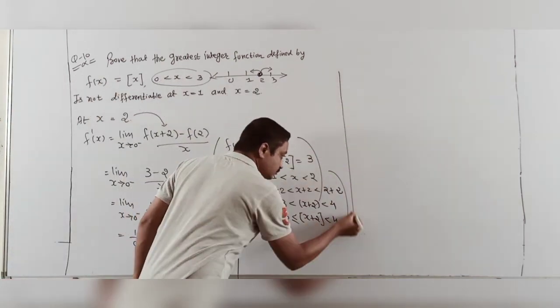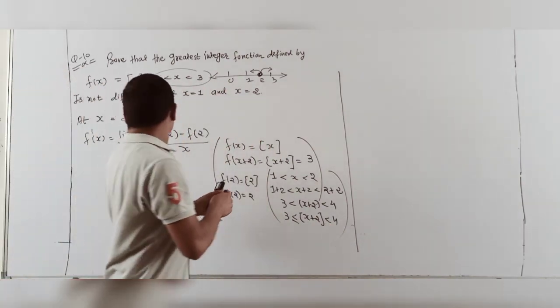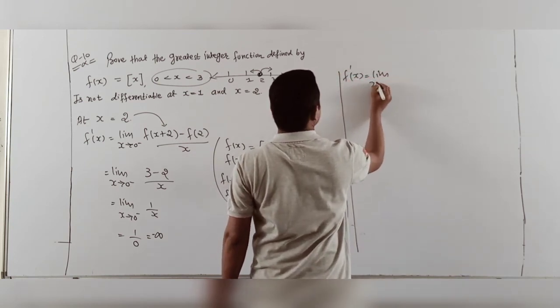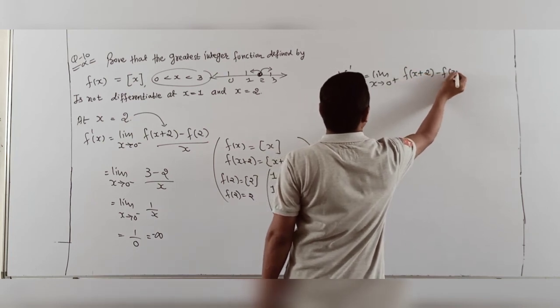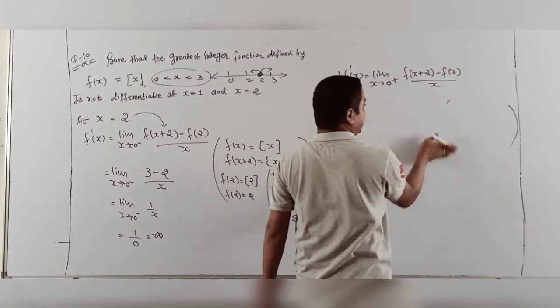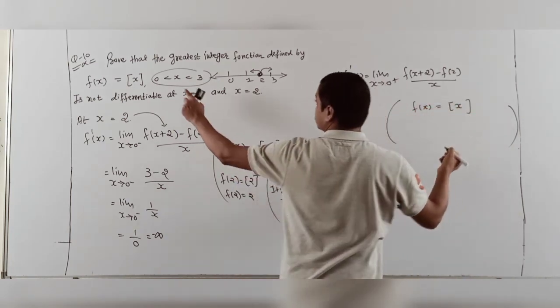Now next, the same case applies in the positive side. So f dash x, the limit as x tends to 0 positive of f(x+2) minus f(2) by x. So finally I am explaining the same check here. According to my f(x), it is the integer of x.